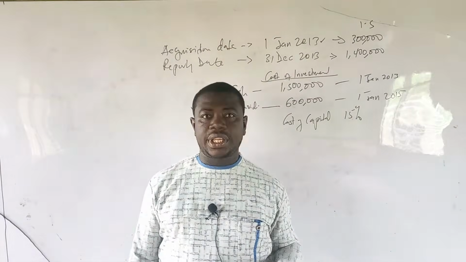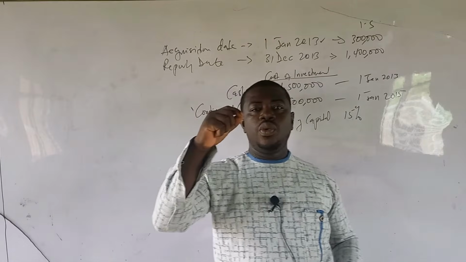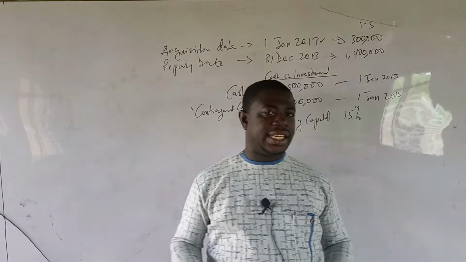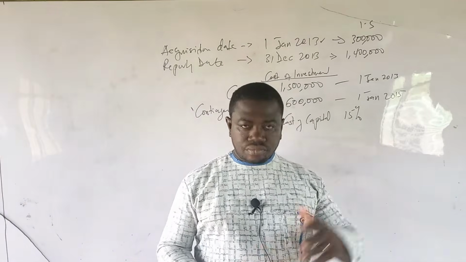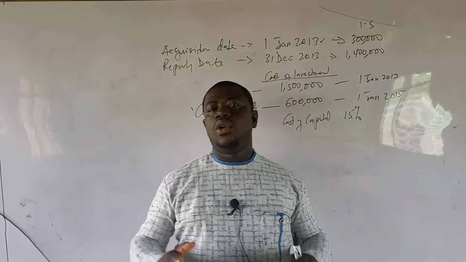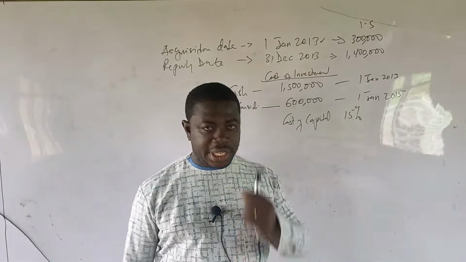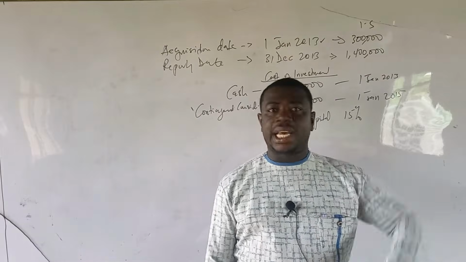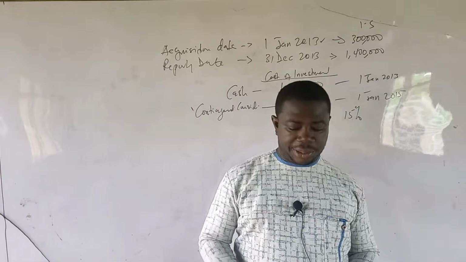Okay, 250,000. It was there at the date of acquisition, and so it should be part of our net asset list at both acquisition and consolidation date. Because it was not in the financial statement, when we are preparing the consolidated statement of financial position, we must capture that as well. It's very, very important that it should be captured in the statement of financial position.